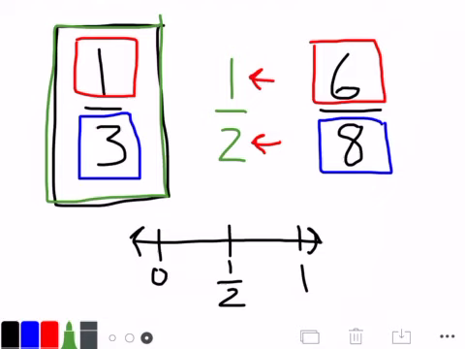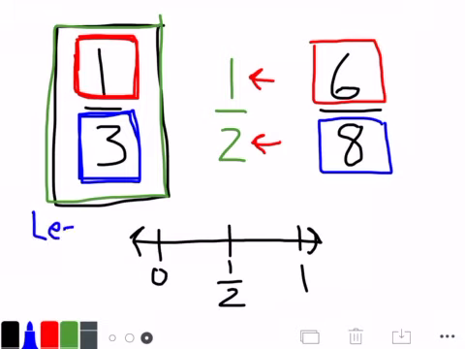You think, okay, is my numerator up here, my numerator of 1, is 1 half of 3? Well, 1 isn't half of 3, so then you have to decide, okay, is 1 more than half of 3 or less than half of 3? Well, half of 3 would be 1 1/2, and I'm only at 1, which means 1/3 is less than 1/2.